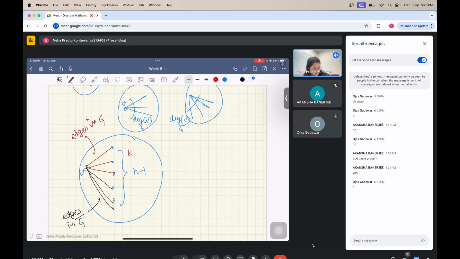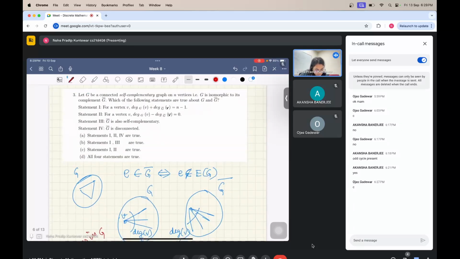So the first one is indeed true. So degree of V plus degree of V in the complement should indeed be equal to n minus 1. So statement 1 is true. Now, why do you think statement 2 is true?